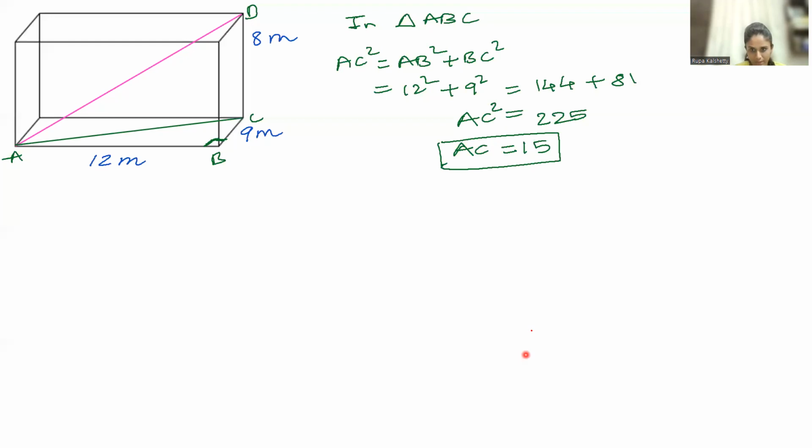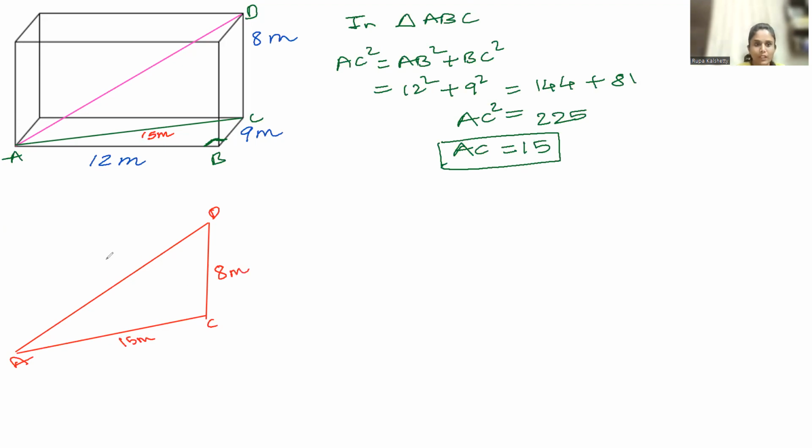Let's mark it. That's what we just found, in red color. So this is now 15 meter, which is going to be one of the legs of this triangle ADC. Let me redraw the triangle ADC here. If this is your triangle ADC, this is 15 meter, and DC is going to be 8 meter.